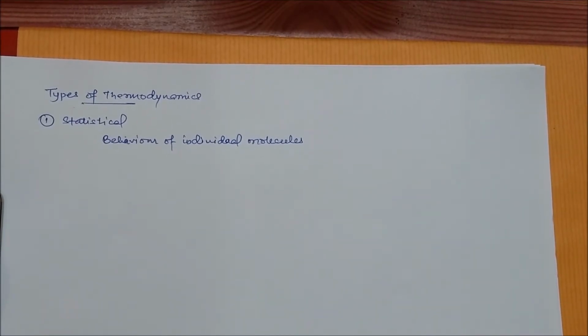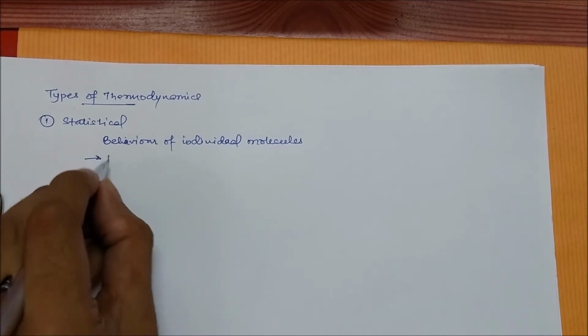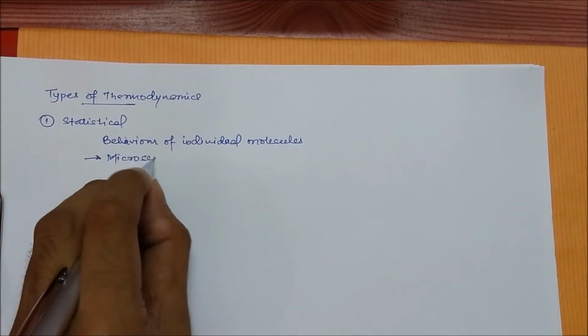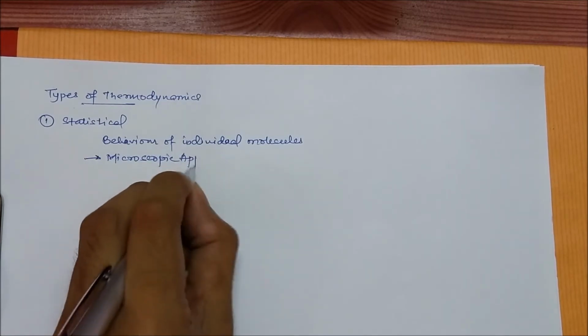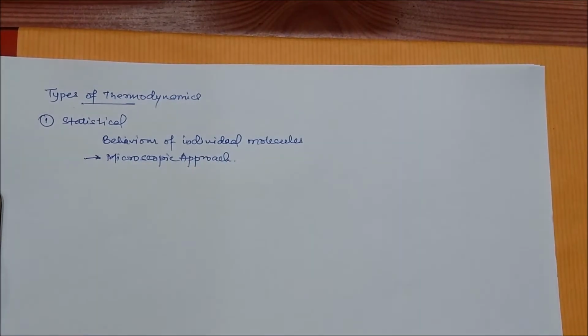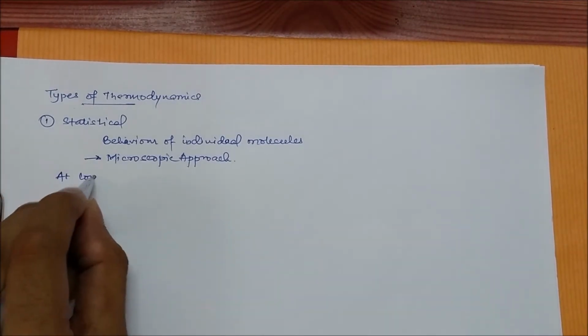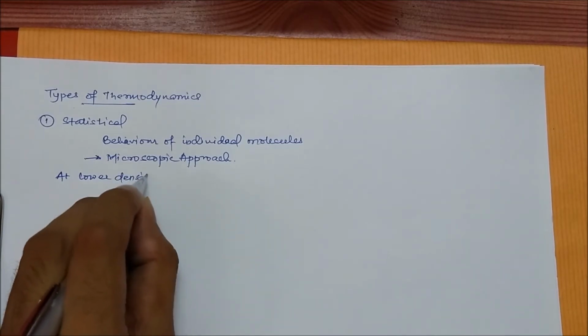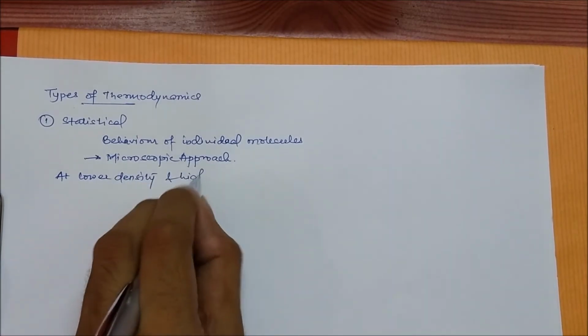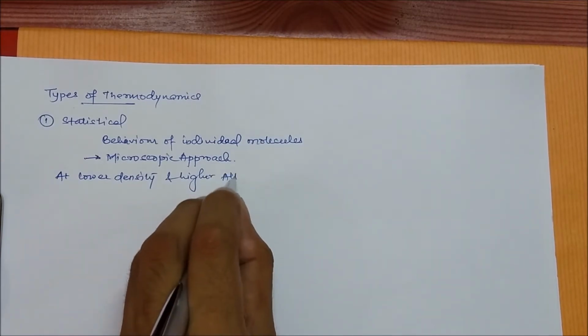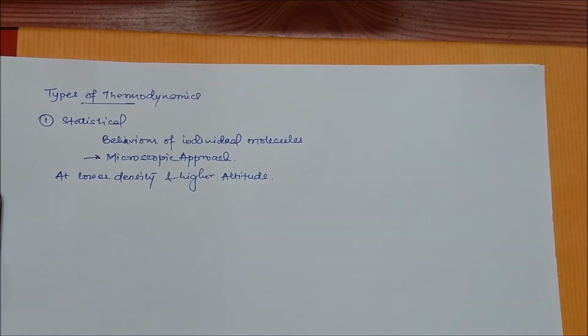And this type of statistical thermodynamics is used when we want to have a microscopic approach. And this type of thermodynamics or microscopic approach can be applicable or feasible when there are low density or at higher altitude. At lower density and higher altitude.